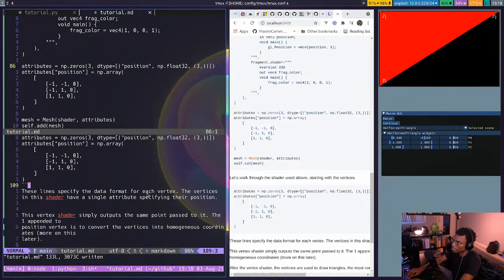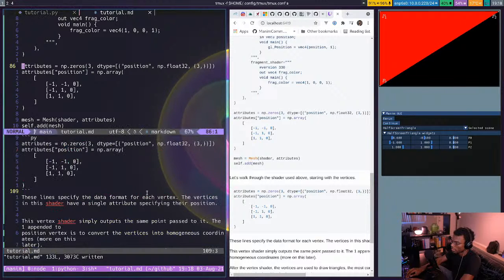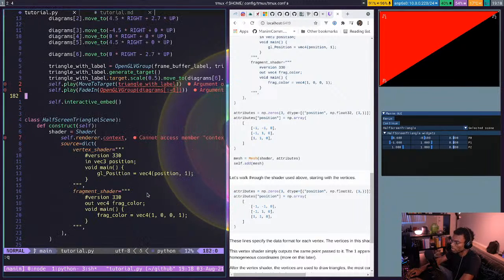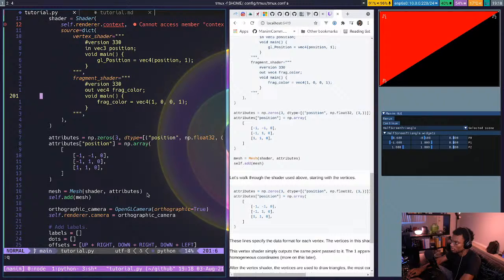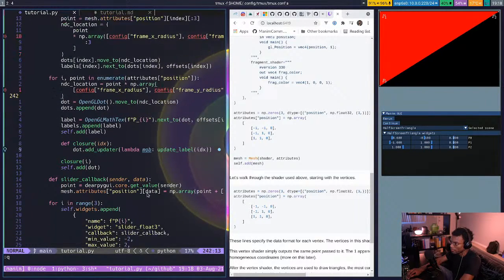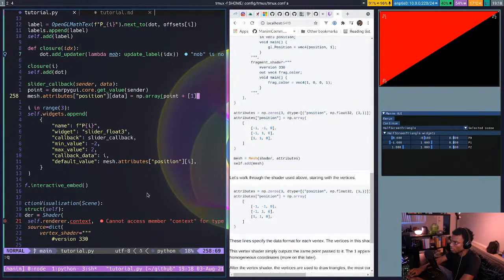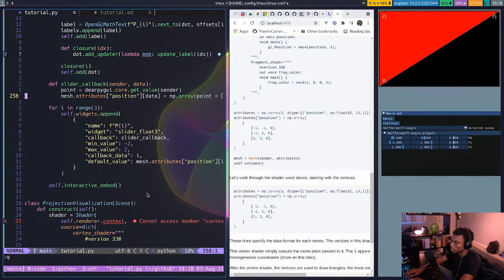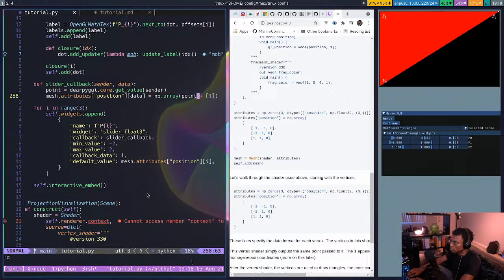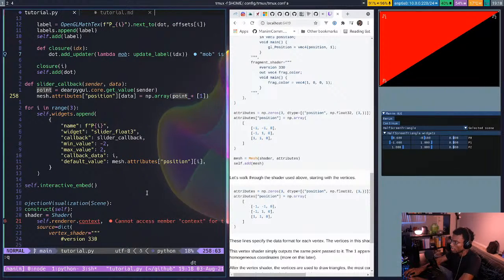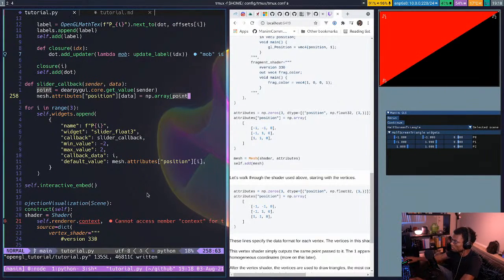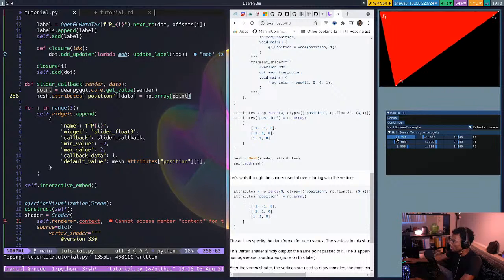Oh, I must have broken it when I changed from 4-dimensional to 3-dimensional. Attributes at position, indexed at data point. I think I want not +1 now? Maybe. Okay, there we go.